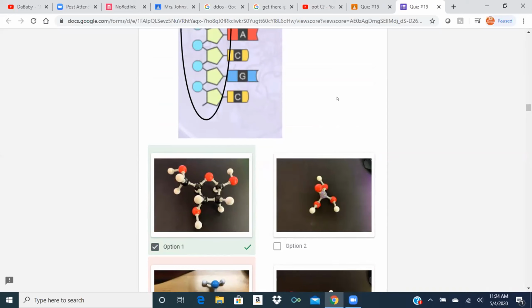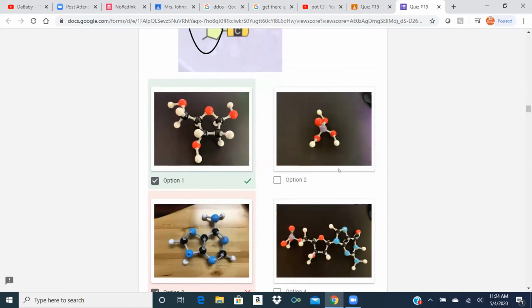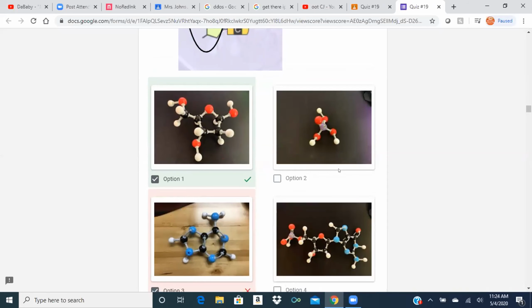Wait, what? You kind of lagged out for me. What do you think the right answer is? Option 2. I'm still kind of confused on it, but I would think it's option 2.